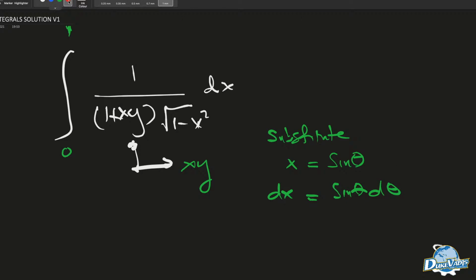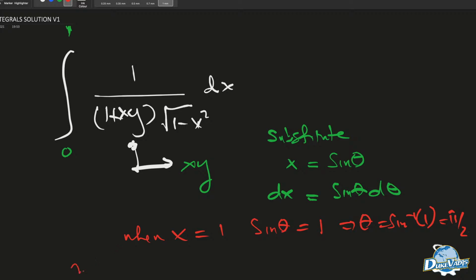When x is equal to 1, sine theta is equal to 1, so theta is sine inverse of 1, which we all know is pi on 2.